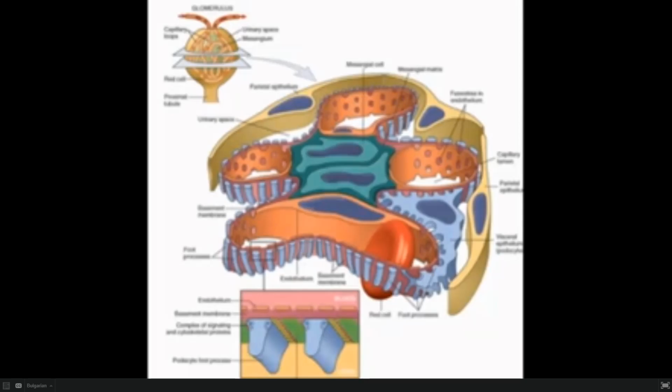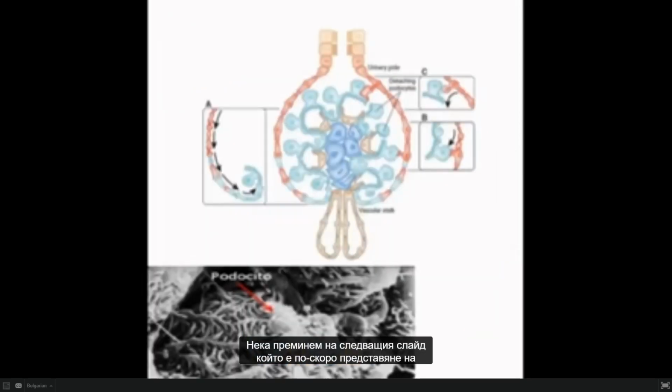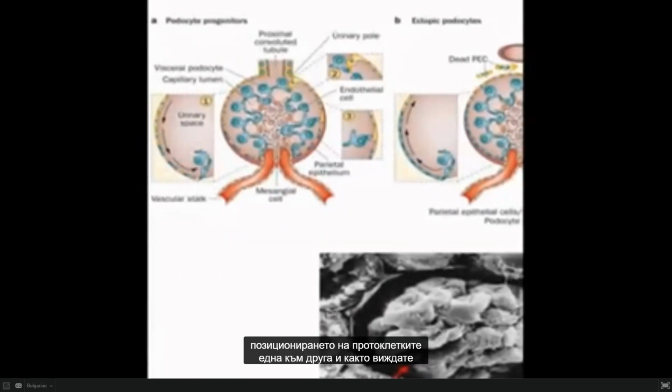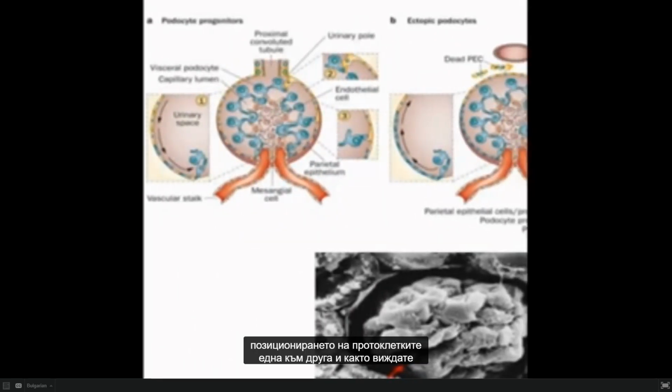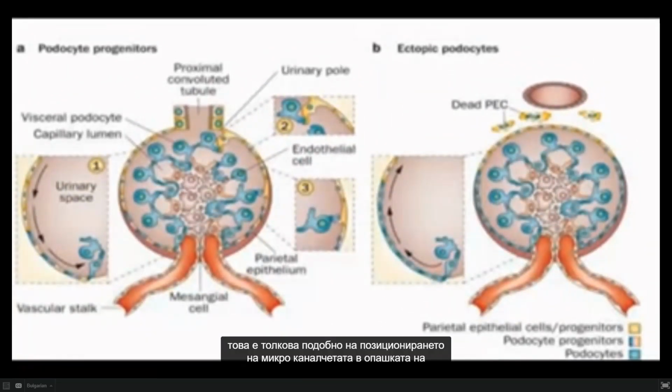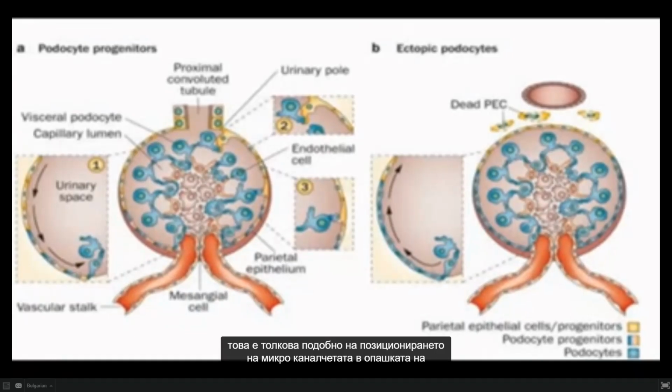Okay, then we go to the next slide. The next slide is more of a representation of the positioning of the podocytes to each other, and as you see, this is very similar to the positioning of the microtubules in the tail of the spermatozoid.